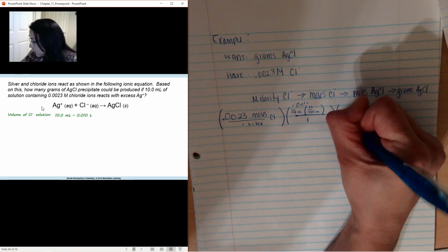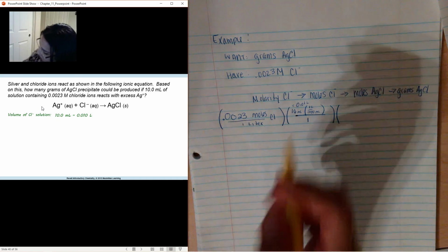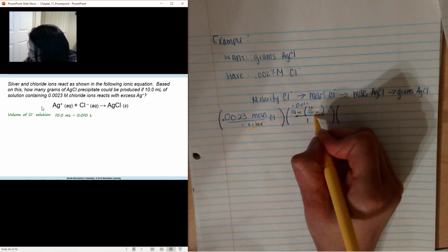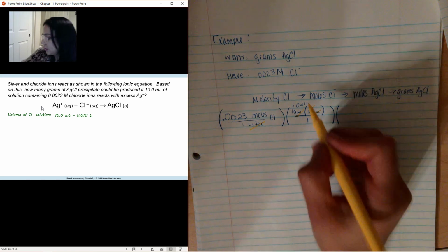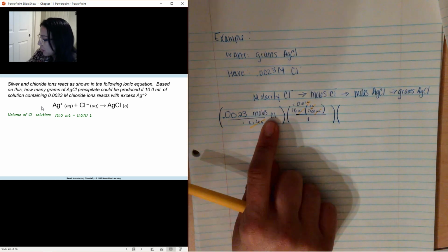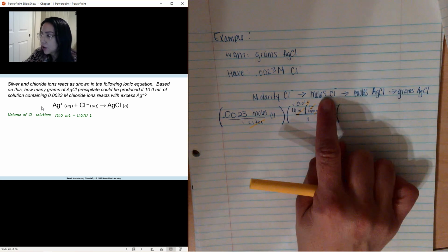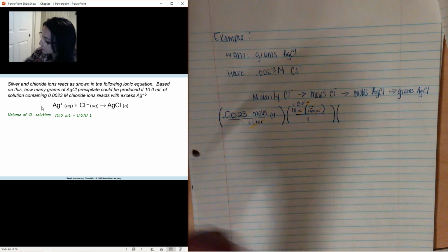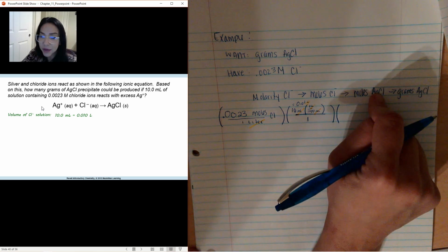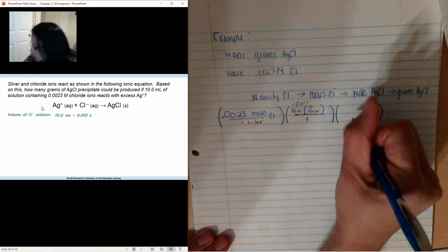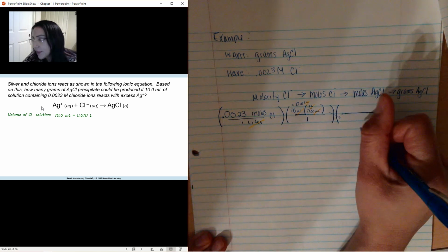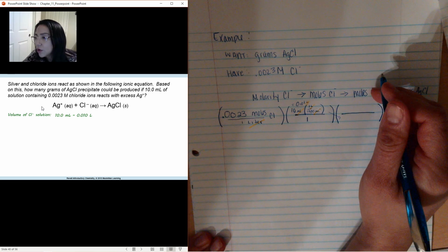All right, so let's see so far. Liters can now cancel out with this liter. Milliliter can cancel out with that milliliter. So we're good, right? We have moles of chlorine, and that's what we want. So we're going to go from here to moles of silver chloride, using the balanced chemical equation. The unit I want to get rid of goes at the bottom, and the unit that I want goes at the top.